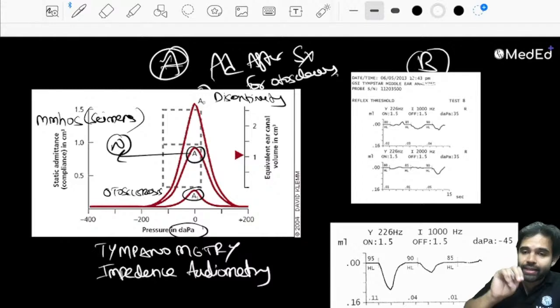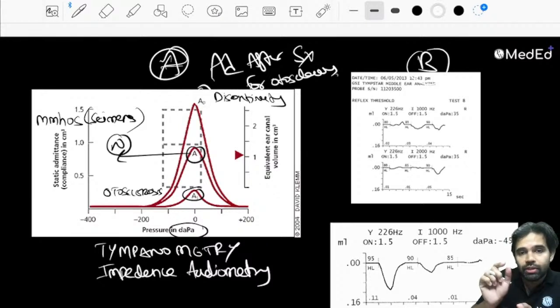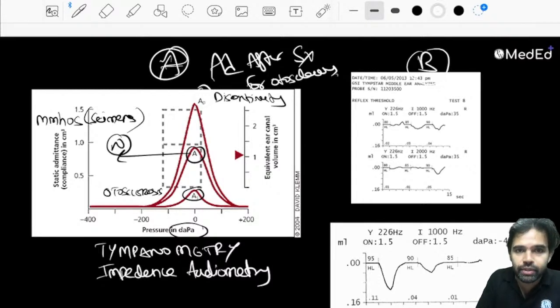This has been asked twice in the last five or six years: after stapedotomy, what kind of impedance audiometry will you see? You will see AD type, where D stands for deep, or it is also seen in ossicular discontinuity, because here the piston moves much faster and much deeper than the actual footplate of the stapes.